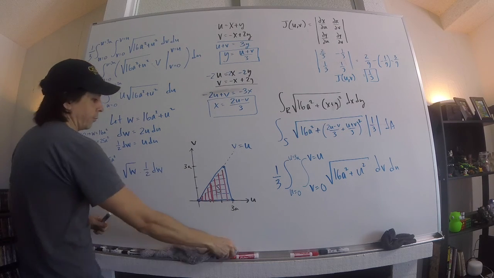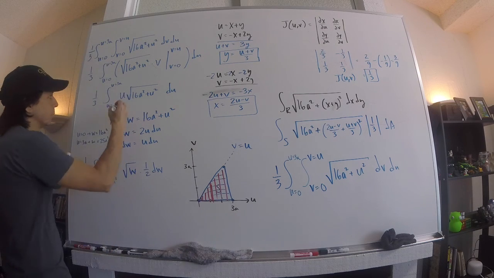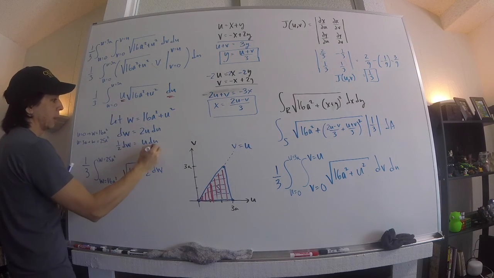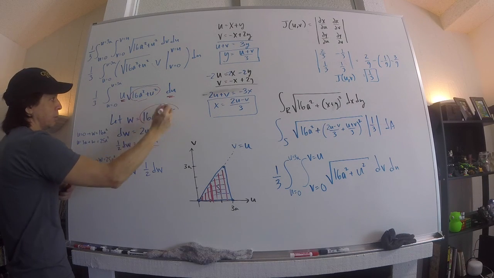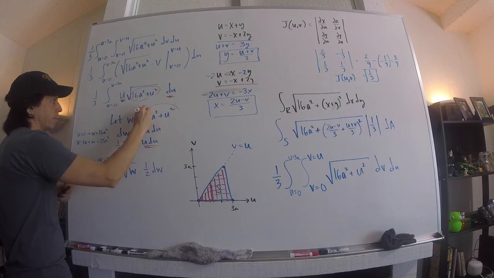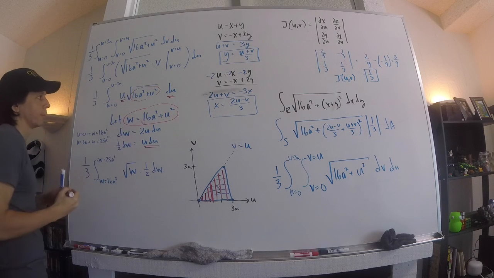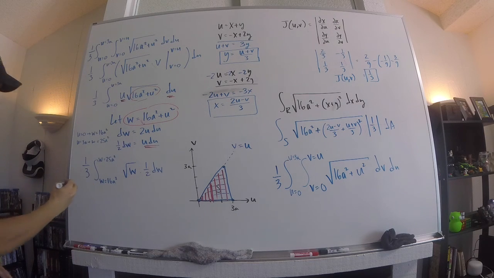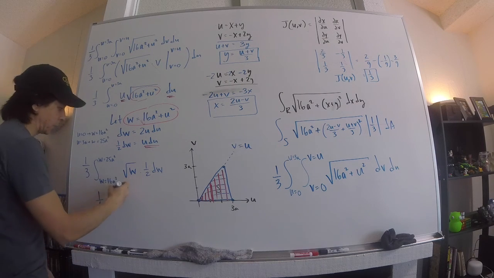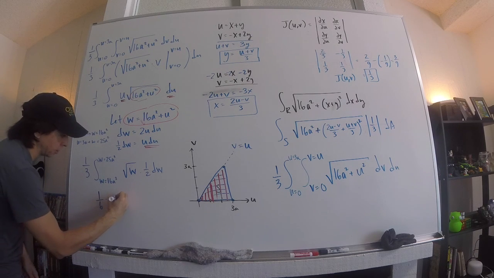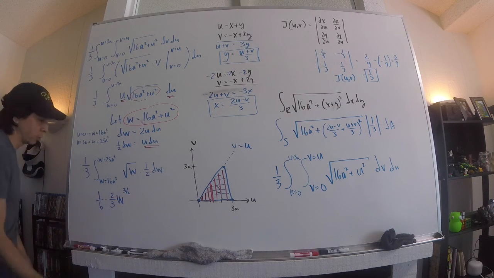Almost there. So again, the u du is equal to that. My whole integrand is equal to root w. Okay. So I'm going to get a 1/6. I'm going to pull that out here. I'm going to do the power rule on that. That's going to be w to the 3/2 over 3/2, so it'll be 2/3.